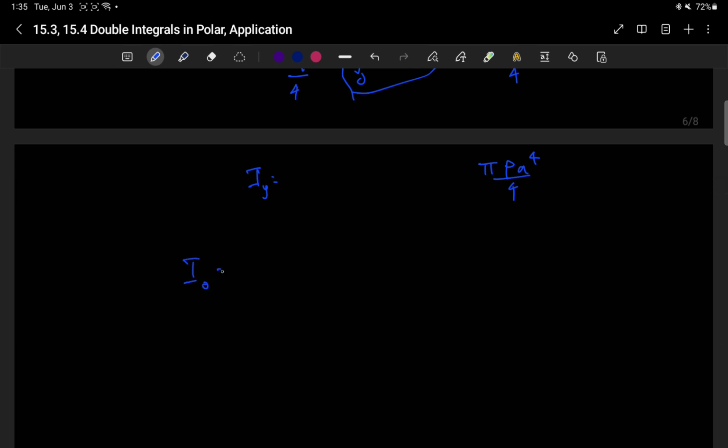And if you find I naught, then this will just be x squared plus y squared, which means you have an r squared, because x squared plus y squared is r squared in polar.